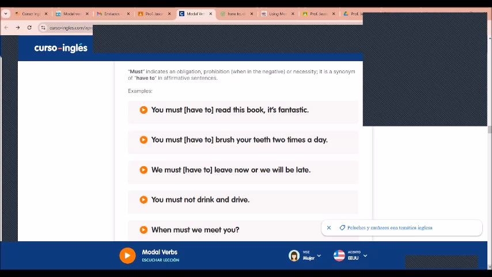It's fantastic. You must brush your teeth two times a day. We must leave now or we will be late. You must not drink and drive. When must we meet you?